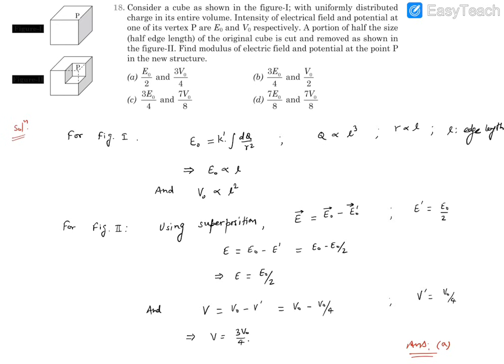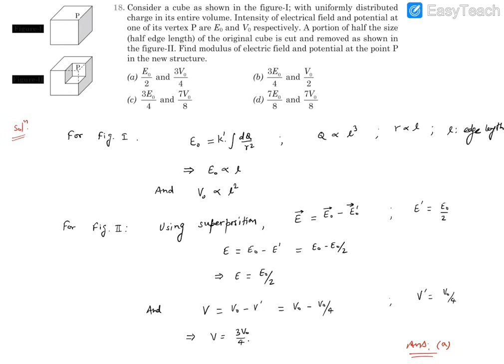Now come to figure 2. In figure 2 we will be using the superposition method. So the resultant field is going to be the original field because of the entire cube minus that because of the removed portion. The interesting point is that the field due to the removed portion is again the field because of a cube at the vertex, similar to this. The only difference is this cube has L by 2 edge length, and we know the field depends on the length.